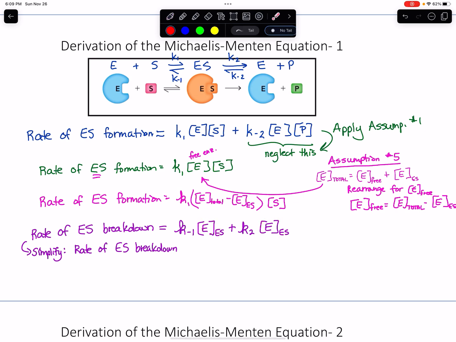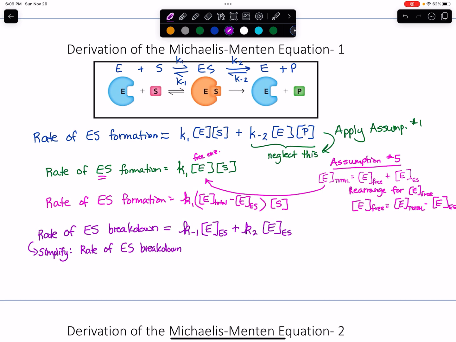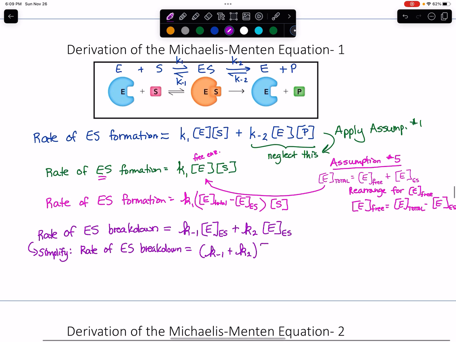We've got the same term here. So we've got K minus 1 plus K2, and we're just taking enzyme substrate complex out of that.